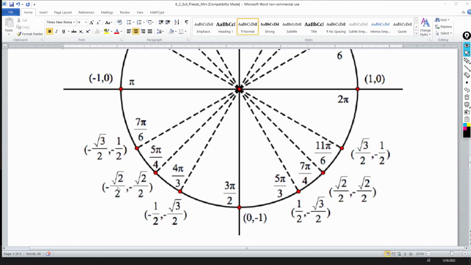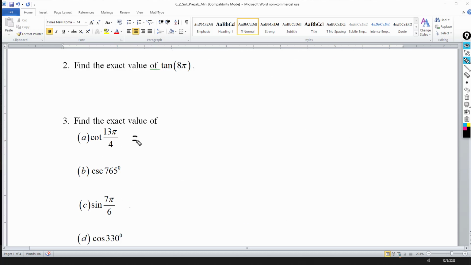So the cotangent is the x value over the y value. So this is minus radical 2 over 2 divided by minus radical 2 over 2. That's equal to 1. So cotangent of 5 pi over 4 is just equal to 1.